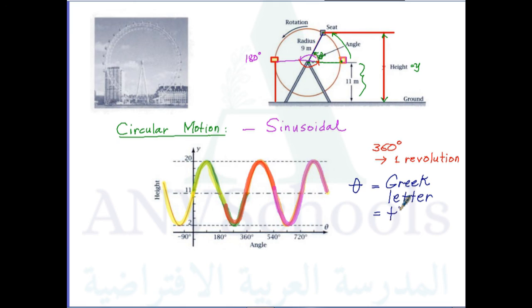And this is pronounced as theta. Okay? Theta. Theta is an acute angle. So this is an angle that rotates, or an angle that carries the rotation from one position to another. In this case, this is our theta.